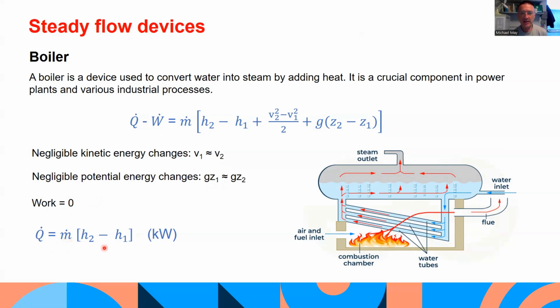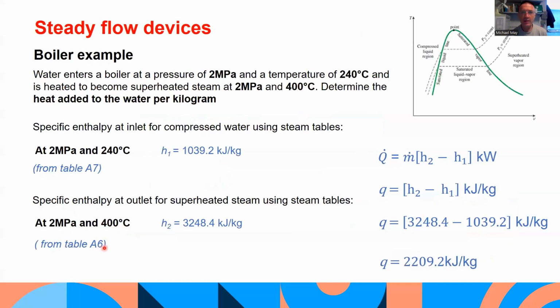So an example here, if water enters a boiler at a pressure of 2 megapascals and a temperature of 240 degrees C, and is heated to become superheated steam at 2 megapascals and 400 degrees C. Determine the heat added to the water per kilogram. So the water enters the boiler as compressed liquid water here and ends up over in the superheated region on the way out.